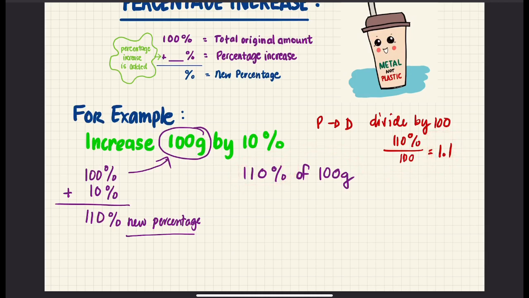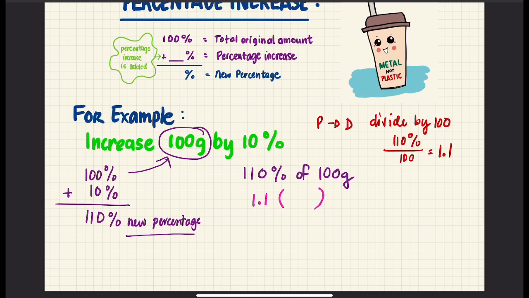So let us put the equation together. 1.1 of, now remember from the prior lesson, whenever you see of, that's a fraction or percentage or decimal of a quantity, and it is a multiplication problem.